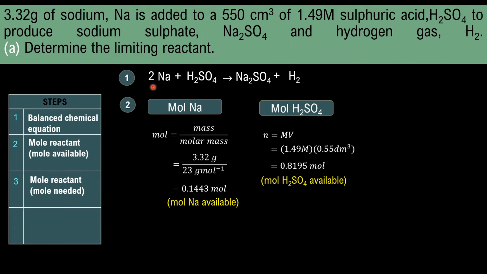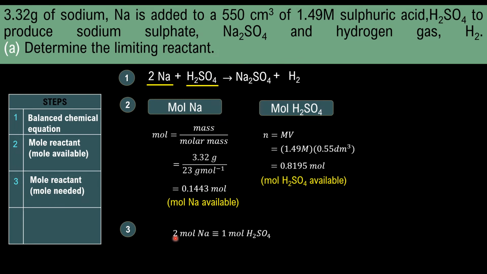So for step 3, kita kena refer kepada balance equation dalam step 1. Kita kena tengok relationship ataupun hubung kait antara first reactant dengan second reactant. So kita dapati 2 mole of sodium dia akan bertindak balas dengan 1 mole of H2SO4.